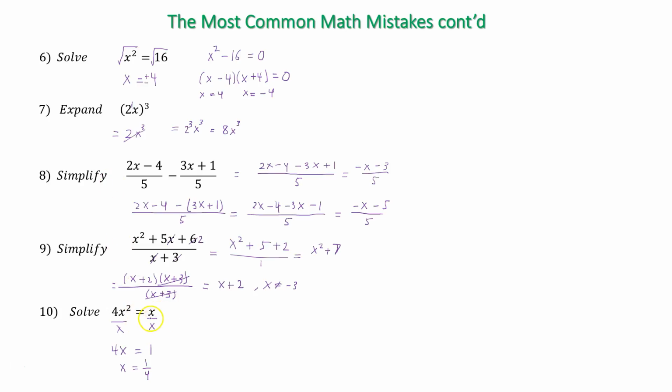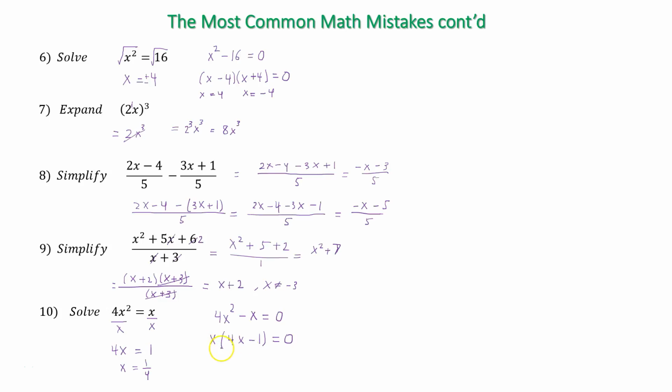The right way of solving this would involve first moving this x over. So we would write 4x squared minus x is equal to 0. And then we would factor x out, the common factor, to give us x times 4x minus 1 is equal to 0.